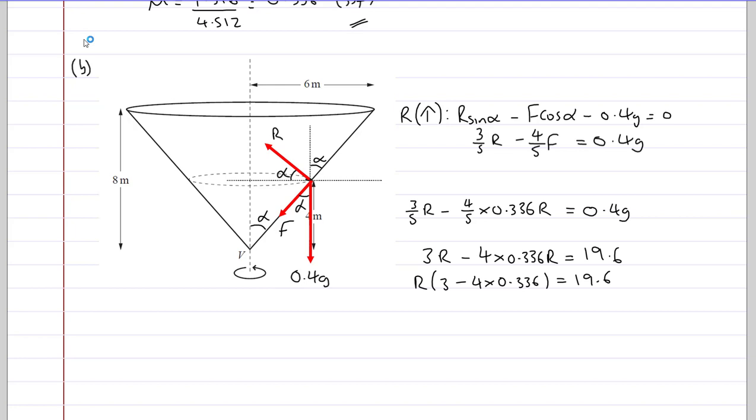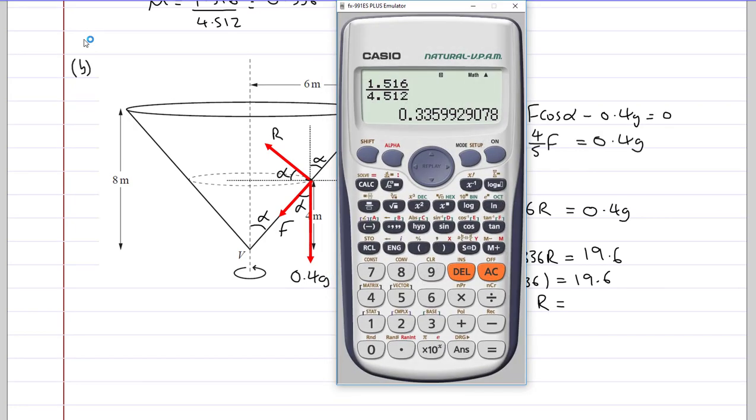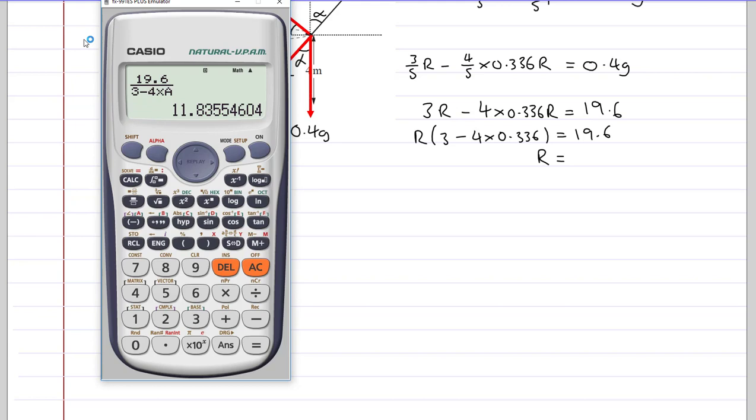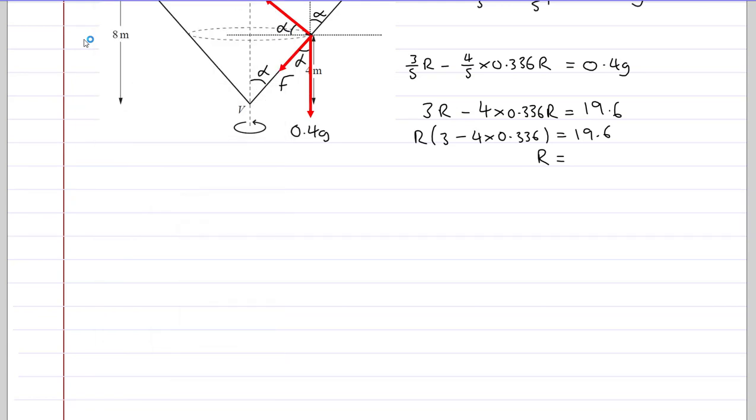And then we can just divide through by this bracket, which we'll do on the calculator. So as I might need this value more than once, I'm just going to store this value as A to use later. So I get 19.6 divided by 3 minus 4 times the value I've just stored, which gives me 11.8 newtons to 3 significant figures.